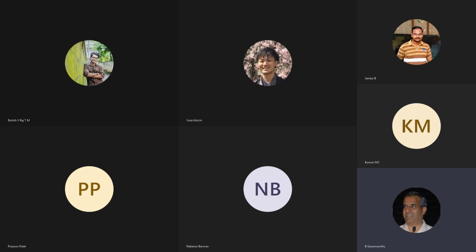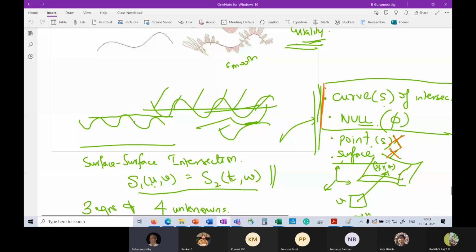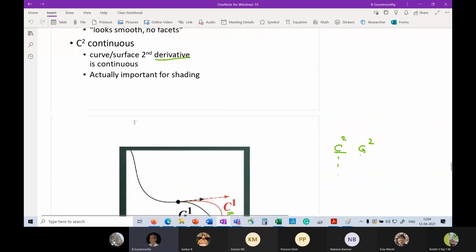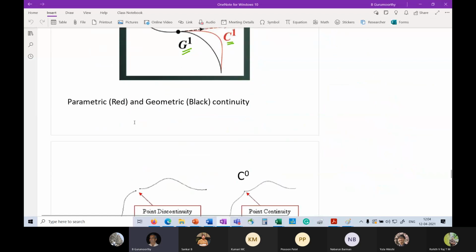In the last class, we talked about the surfaces, and then we looked at this business of continuity of curves and surfaces and what they mean.